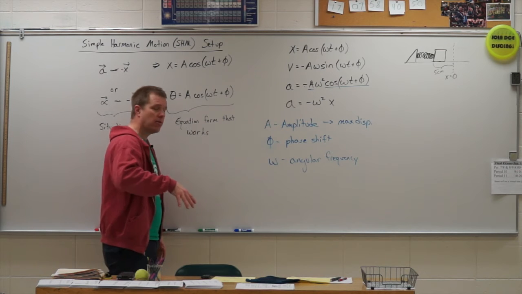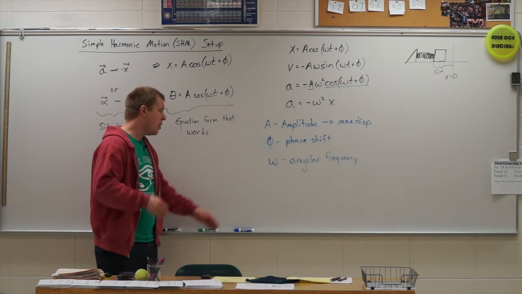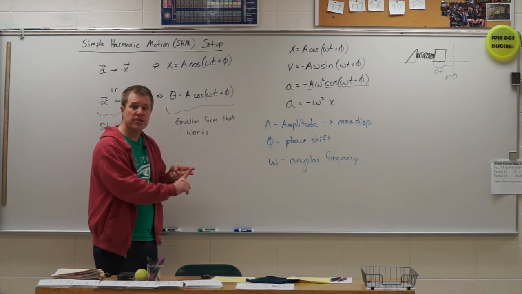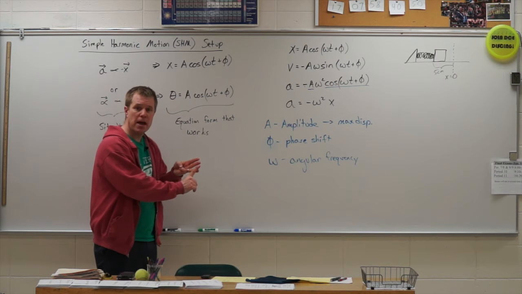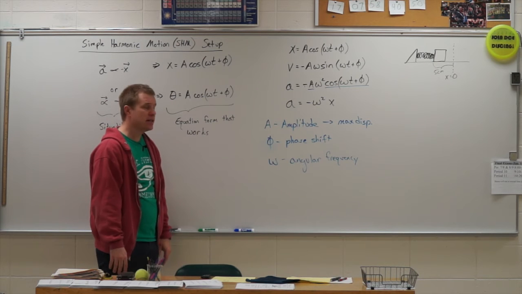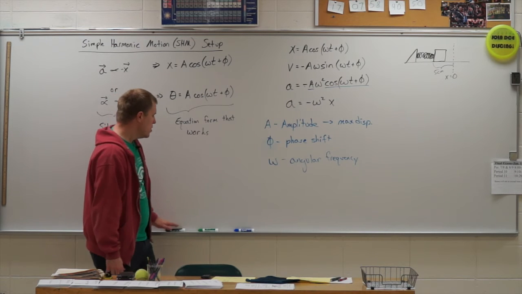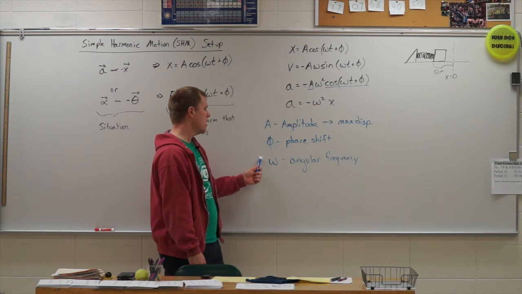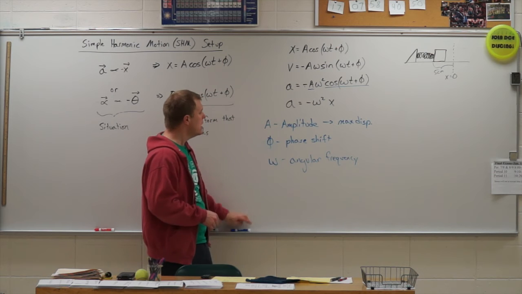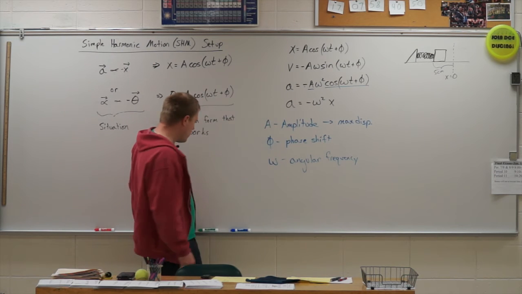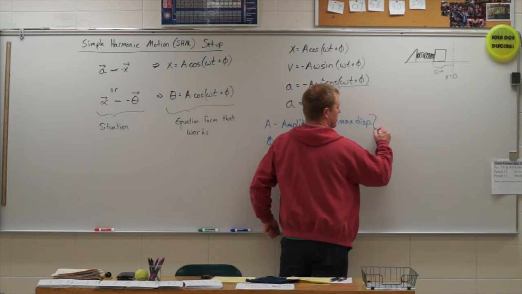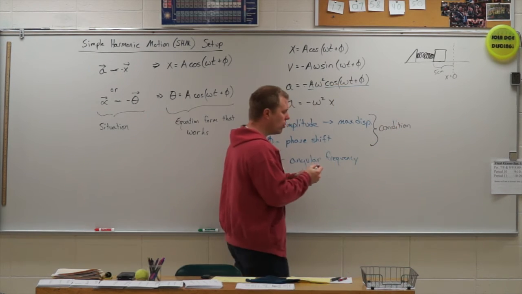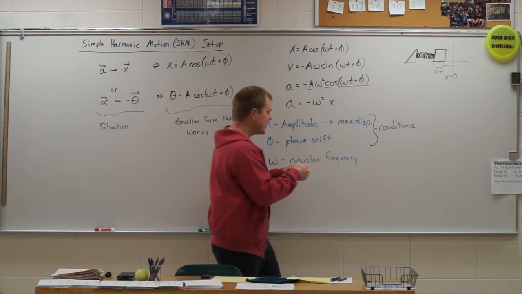I have linked down below four videos on how to find the angular frequency in a simple pendulum, a physical pendulum, a torsion pendulum, and a mass spring setup. So you find angular frequency depending on your situation, and again, those videos are linked down below. These are conditions, so you build your equation based on the conditions.